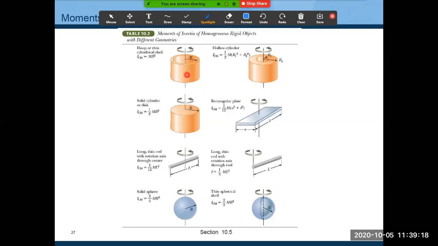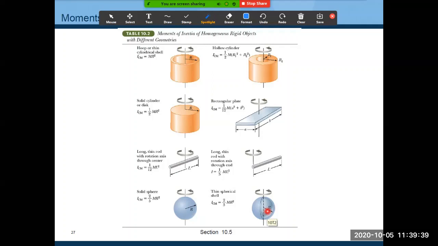As you will see in this table, many of the I are followed by CM. CM here refers to center of mass. As you would notice, the axis of rotation for many of the cases passes through the center of mass.